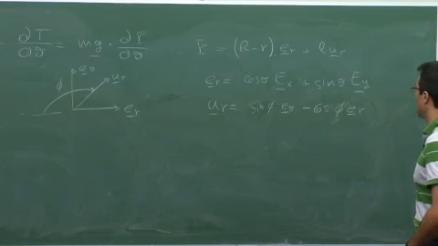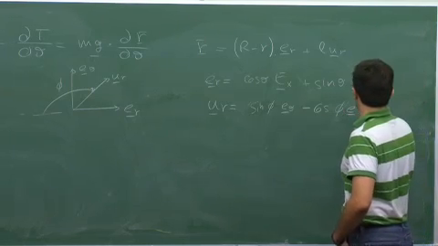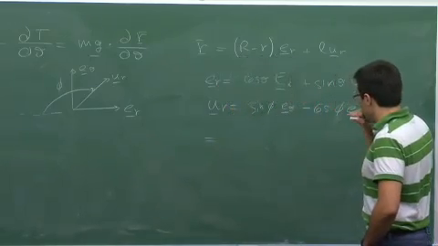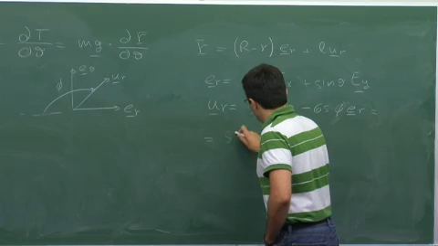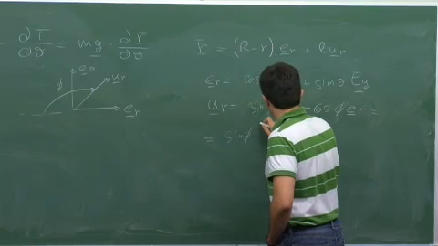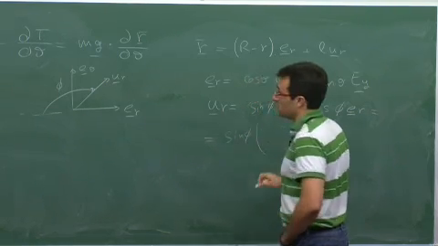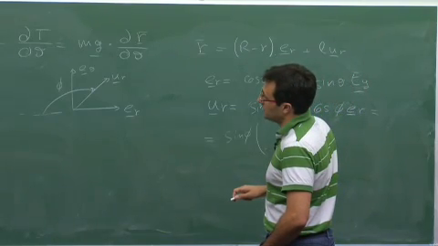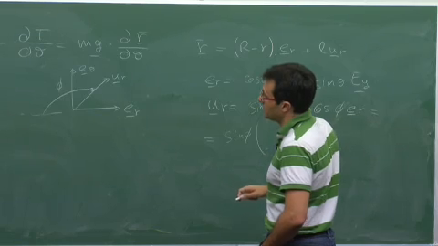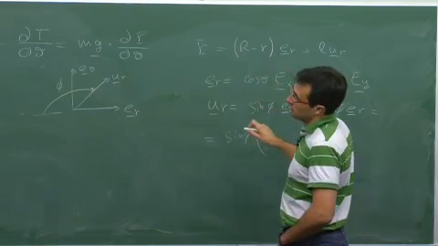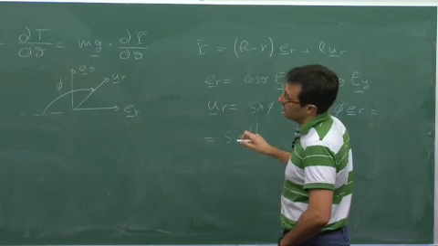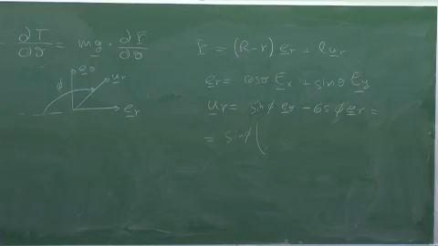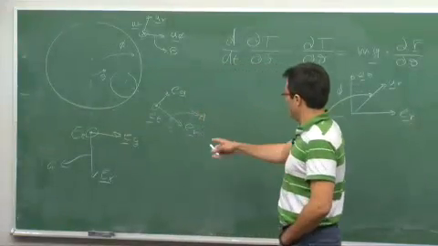Okay, and then I have to do another step for this one, right? Because I want to go back to EX and EY. And so I have a sine of phi, which is multiplying now E theta, which is, let's see, minus cosine of theta EX. Not sure.